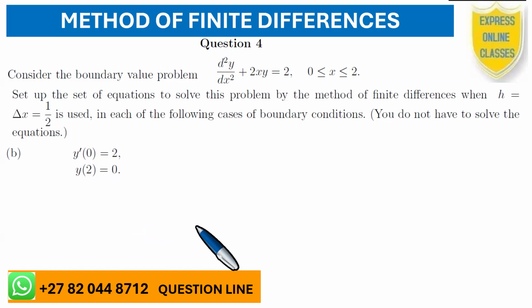But now, because we have been given that the derivative at 0, the first derivative at 0 is 2, then we have the following.